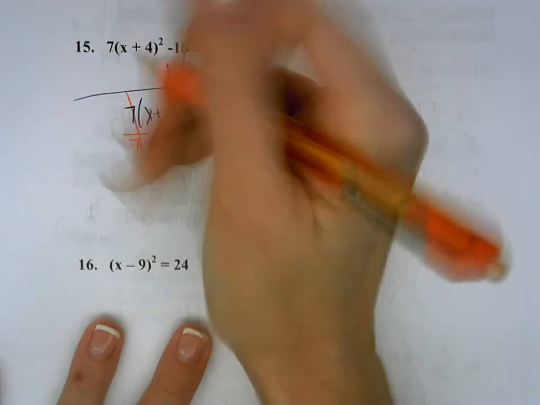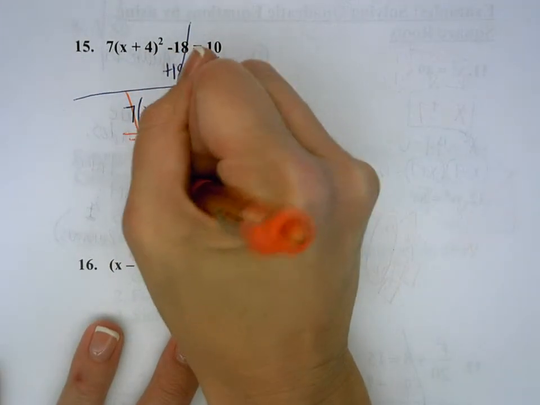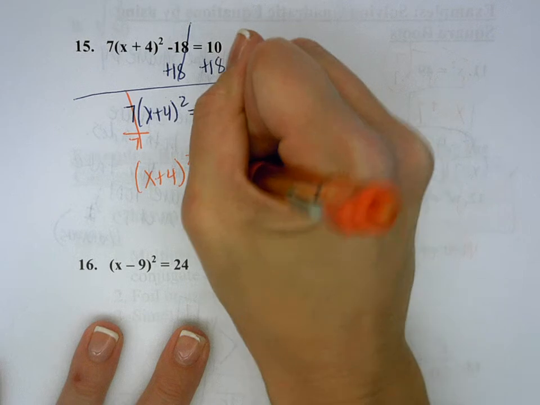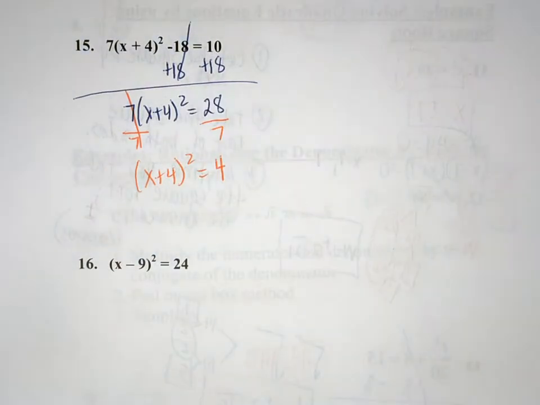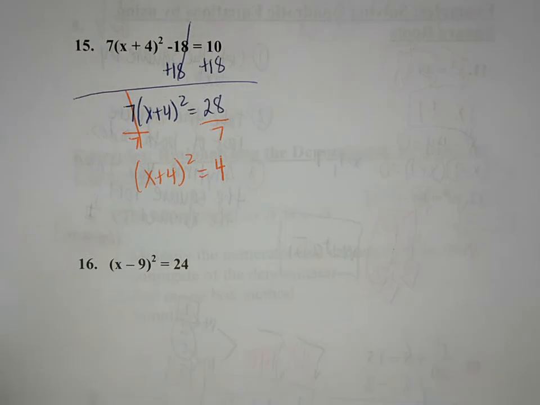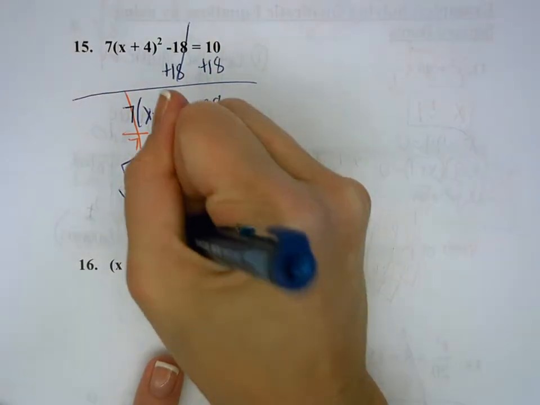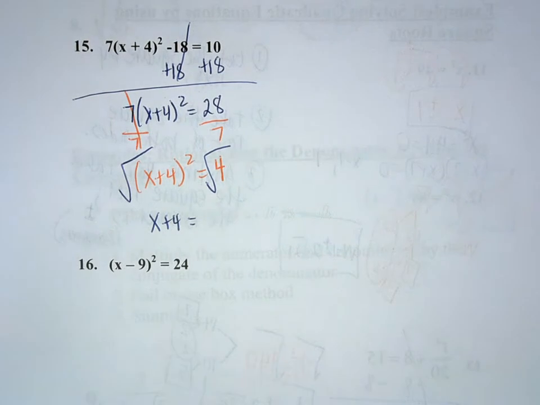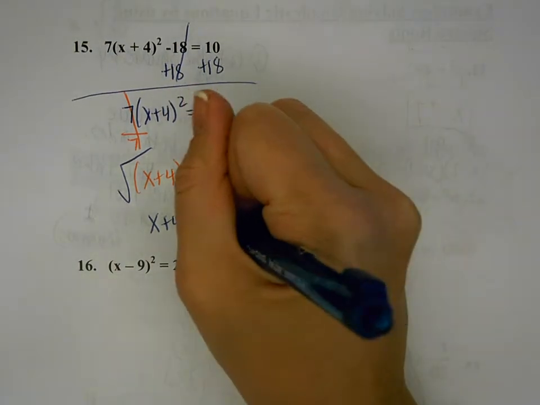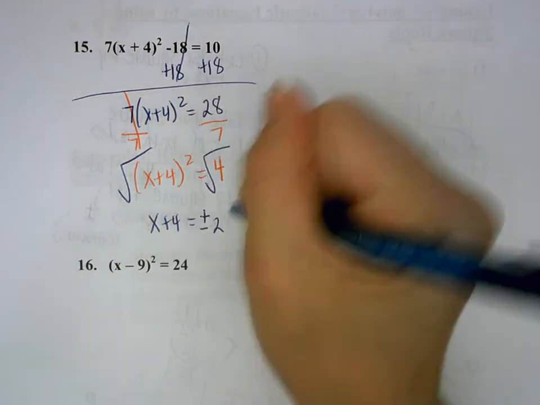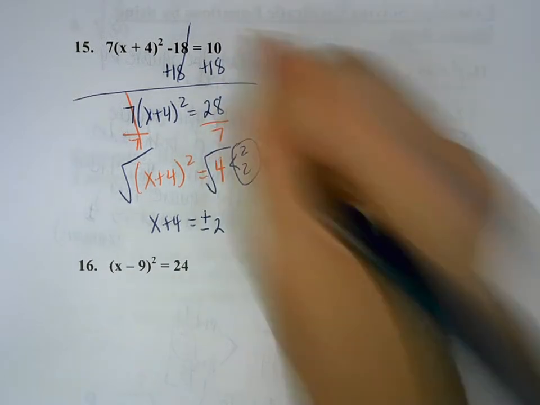We get x plus 4 squared equals 4. Is the square by itself now? Yes. So what do we do? Take the square root of both sides. Very good. We get x plus 4 equals what? Plus or minus 4. Nope. 2. Plus or minus 2, because 4 is 2 times 2. And then now, what do I do?